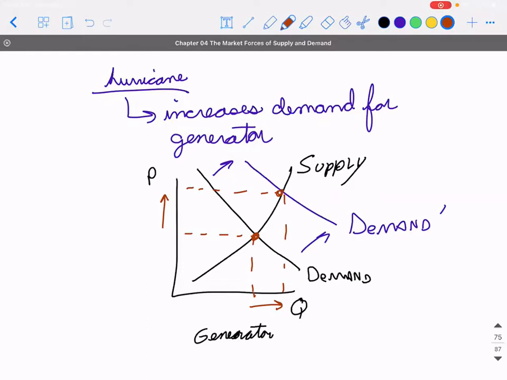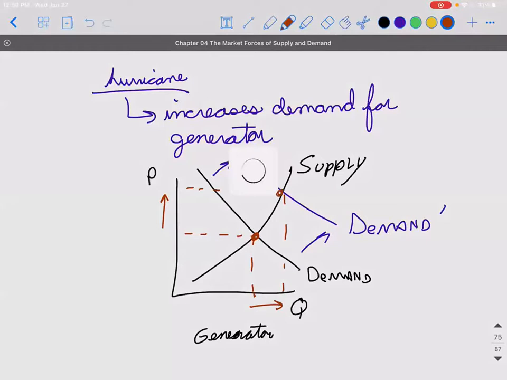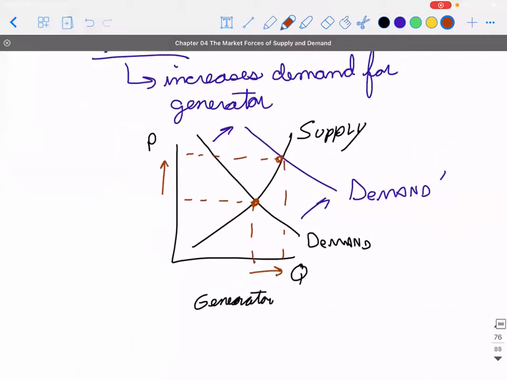So when demand increases, equilibrium price goes up, equilibrium quantity goes up. Okay, let's go here.